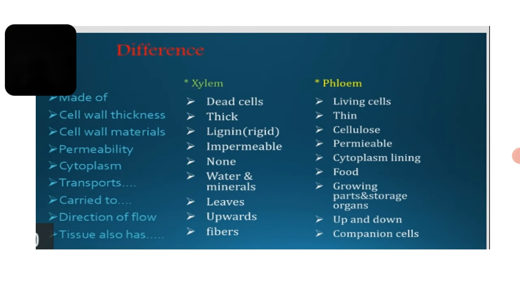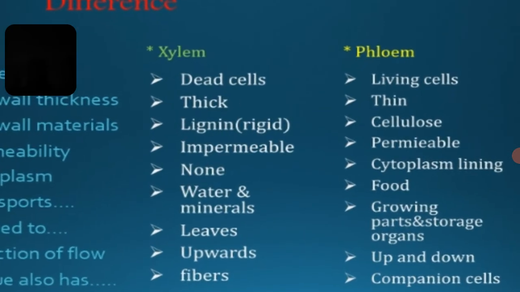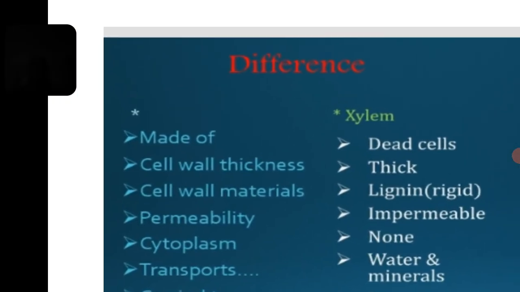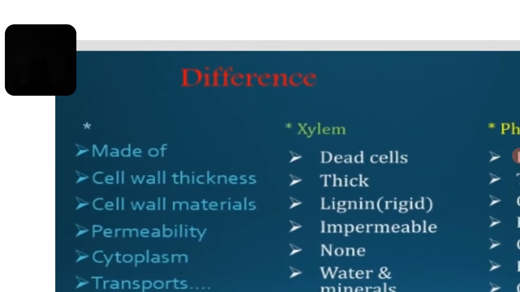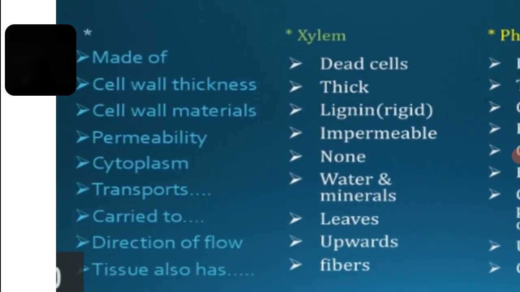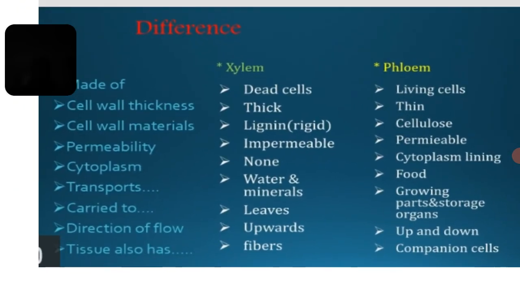Now we see the comparison between the xylem and phloem, how they are important to the plants for their functioning. See the differences. The xylem is made up of dead cells. It is opposite in phloem, that is, the phloem is made up of living cells.